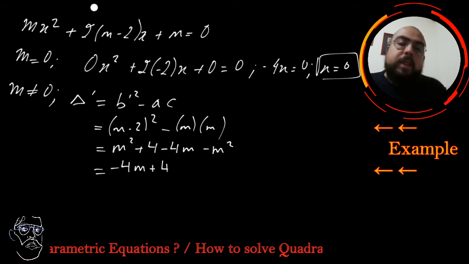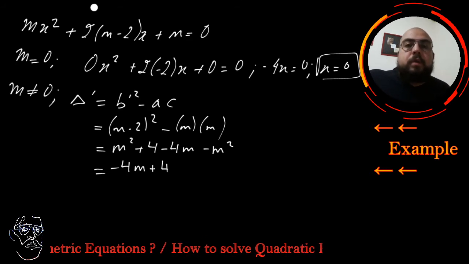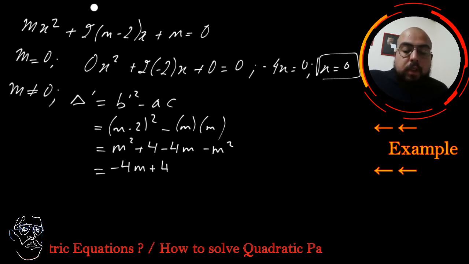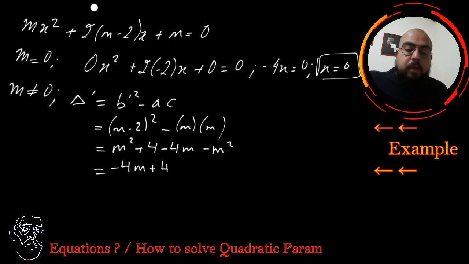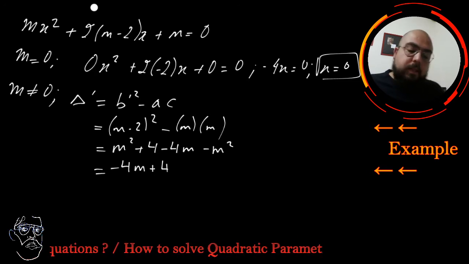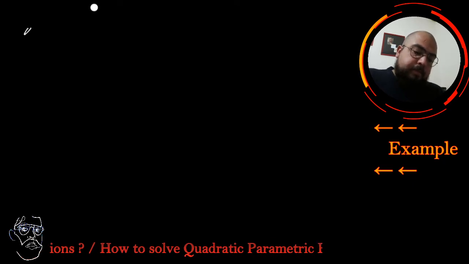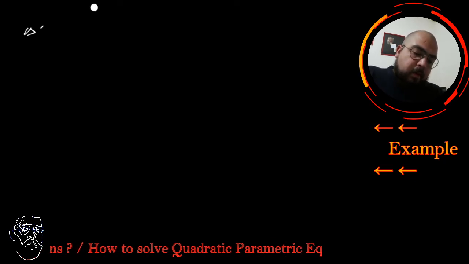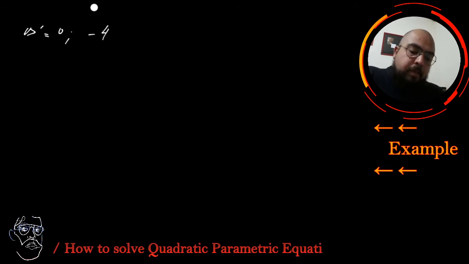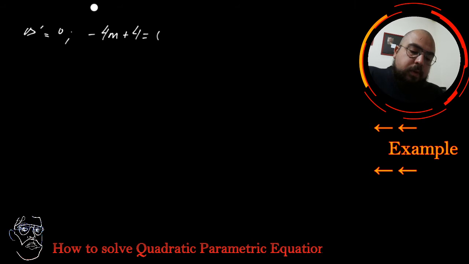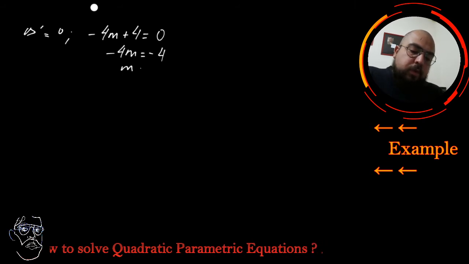Again, our delta prime is not a constant which is positive, negative, or 0. So I will have to discuss regarding the values of m. In order to discuss it, I should say delta prime is equal to 0, which means minus 4m plus 4 is equal to 0, so m is equal to 1.